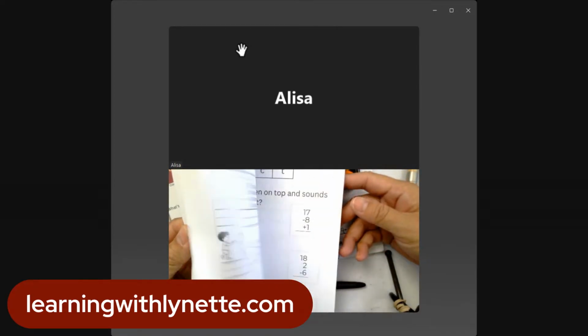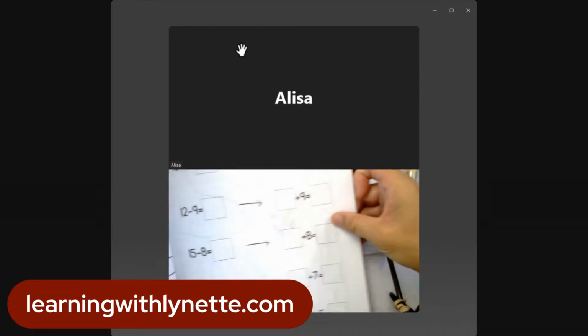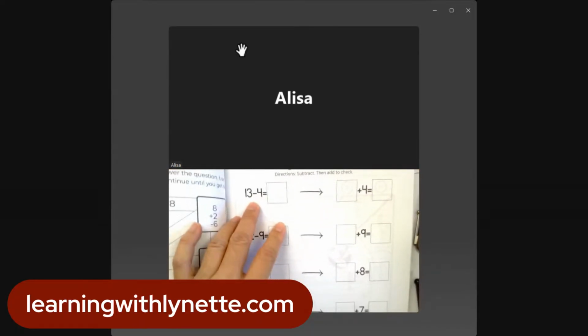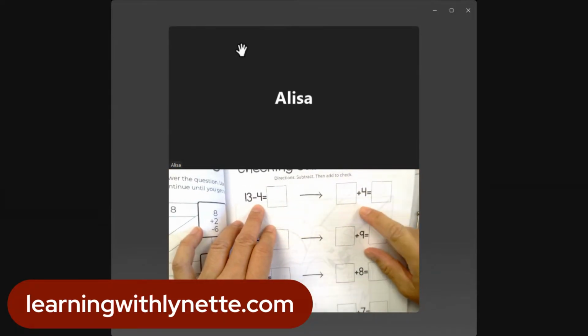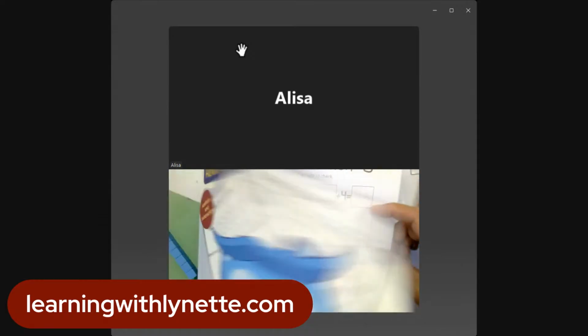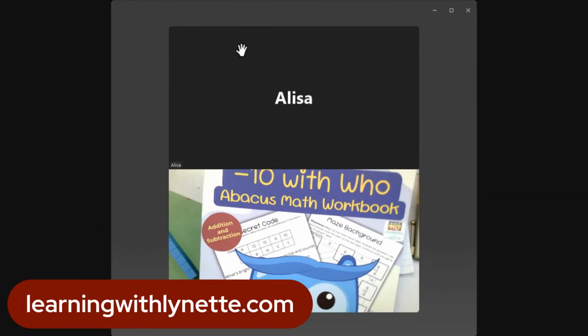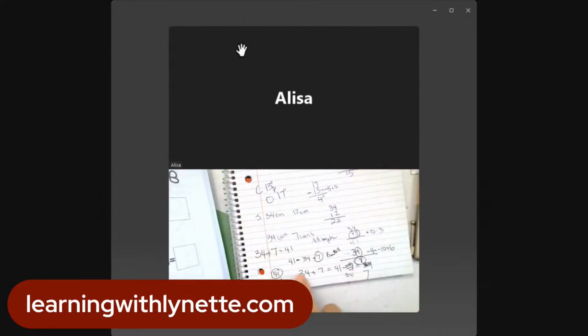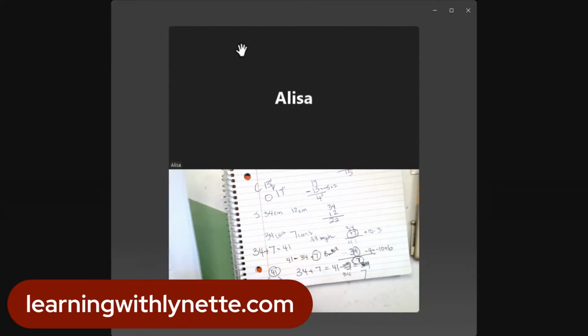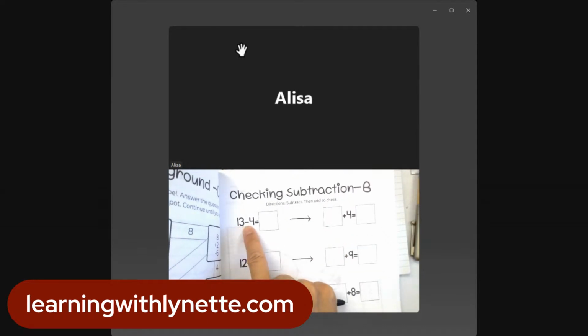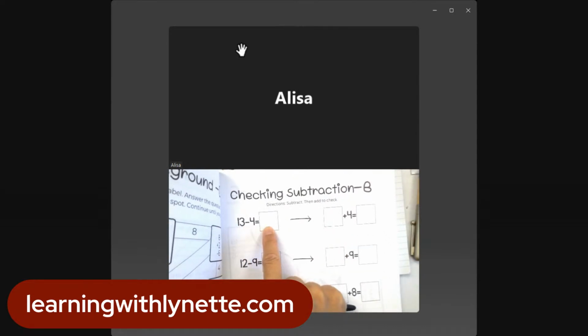So in here, the way I have it is I do it with the minus the 4. Yeah, this one's the plus 10 one. Minus 10. So this is what they're doing. They're showing you how to check. So I was incorporating how to do it in Abacus. So I said 13 minus 4 is equal to what?